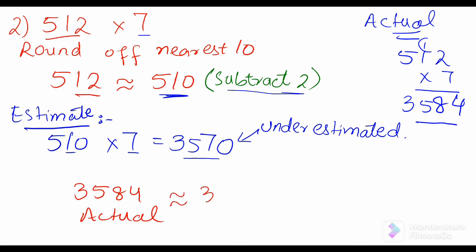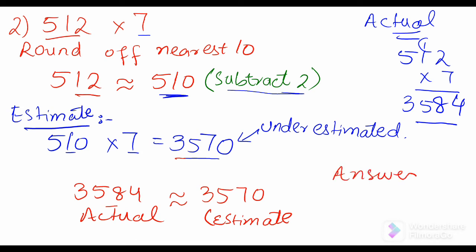And 3,570 is my estimated value. We can see that my actual value is slightly greater than 3,570, which is my estimated value. So these two values are making some sense, and we can say that my answer is reasonable.